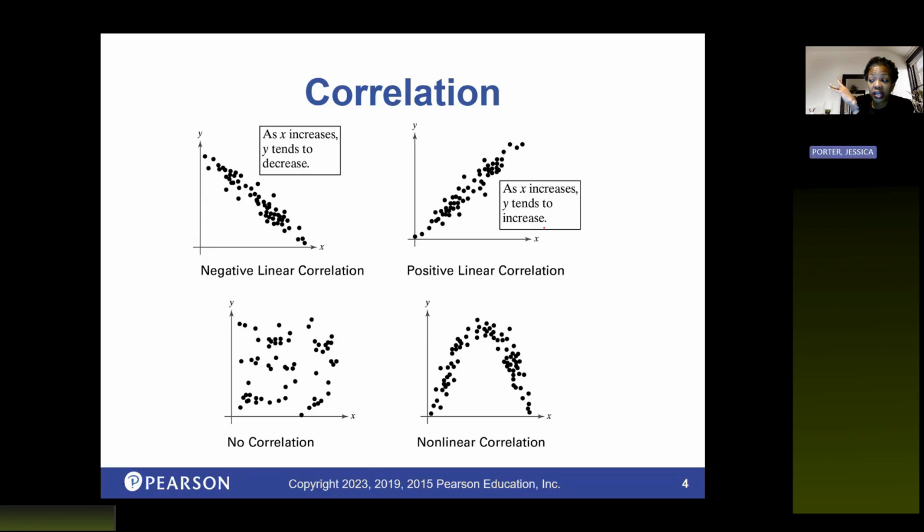As x increases, y tends to increase as well. No correlation at all, points are all over the place. And then we also have a nonlinear correlation. This looks like a quadratic, right? Or a parabola. So that's nonlinear.